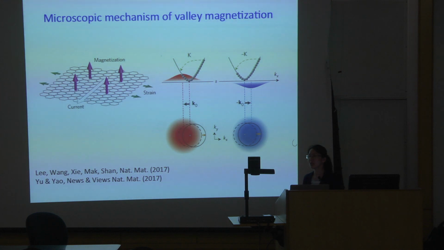Therefore, you will get non-zero magnetization over the entire sample. And then you can reverse it using current. And this effect can be much, much bigger, at least from our experiment, than the intrinsic valley Hall effect.